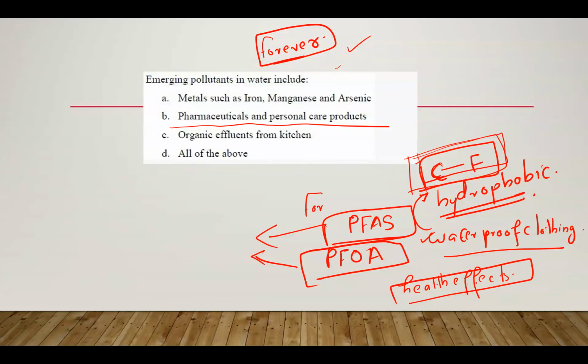This even includes our daily care products, like shampoo and face washes. Also we use non-stick pans in our kitchen, kitchen utensils. All these things have this particular functional group, PFAS and PFOS.